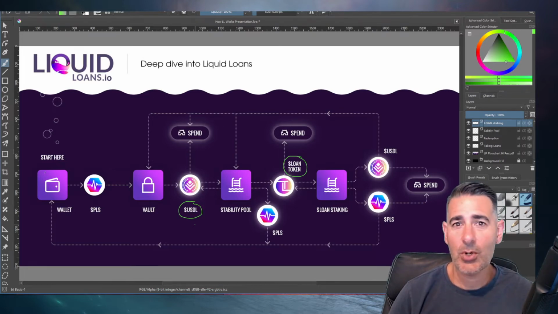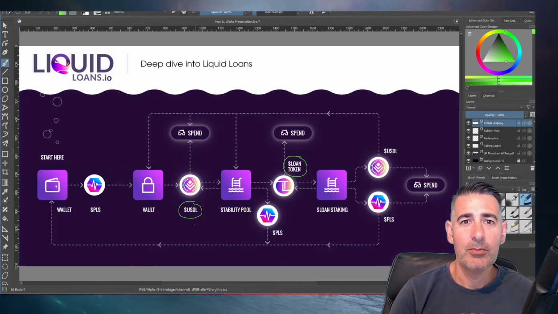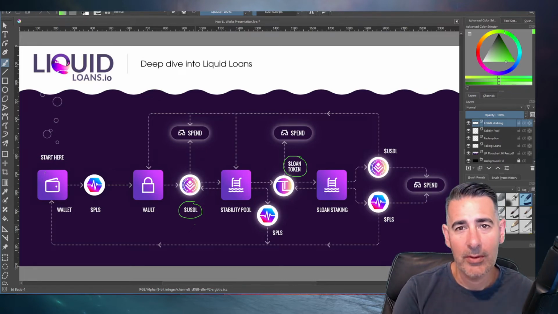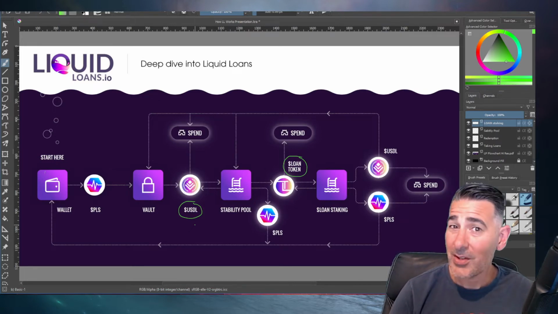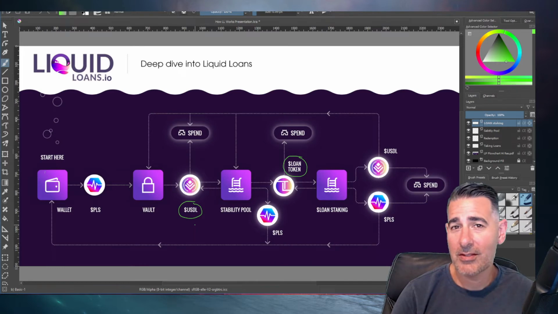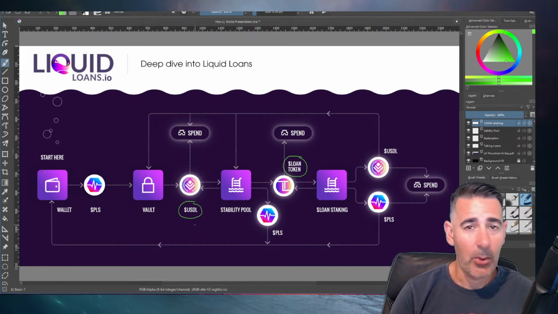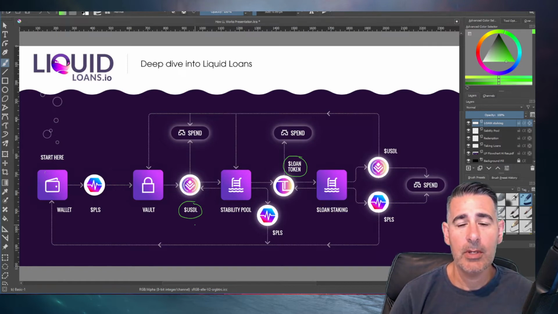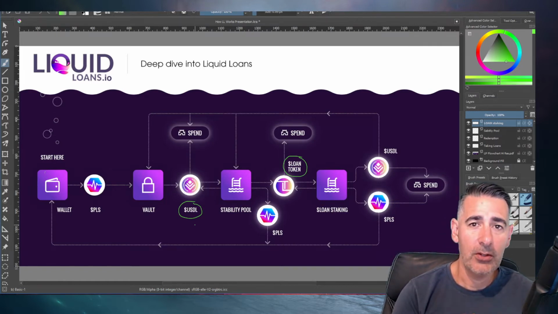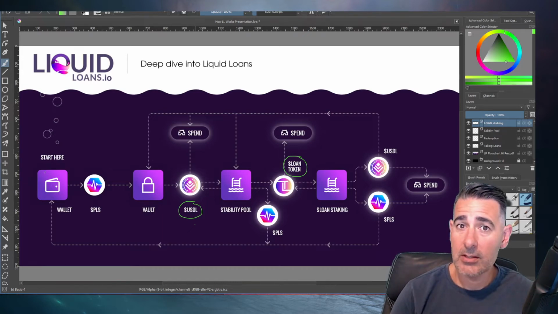You don't have to trust that they've got the US dollar cash or equivalents to back up the value of that stablecoin. The protocol handles all of that, so you will always be able to redeem one USDL token for $1 worth of Pulse. So it's always collateralized and backed by the Pulse in the system. So it's very, very important.